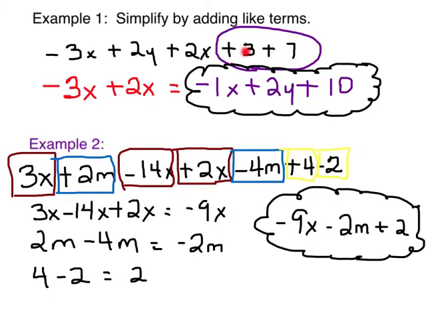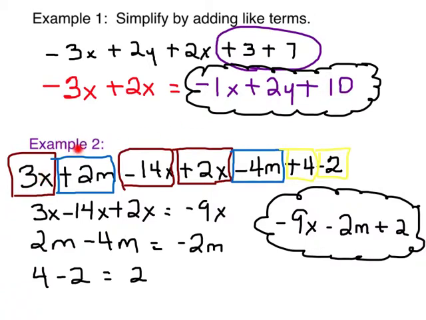They can be combined. And then I've got little old 2y over here by himself, and he doesn't have anybody he can combine with. So when I do the math, negative 3x and positive 2x, I'm left with negative 1x. I bring down this positive 2y, and then I combine the 3 and the 7 to get plus 10.